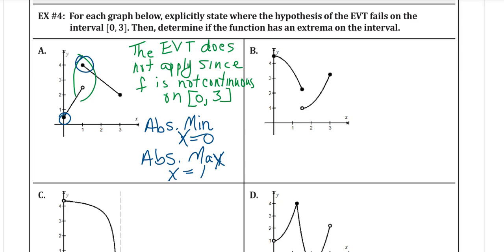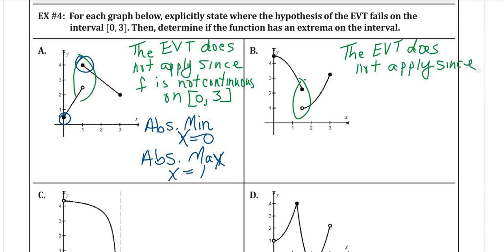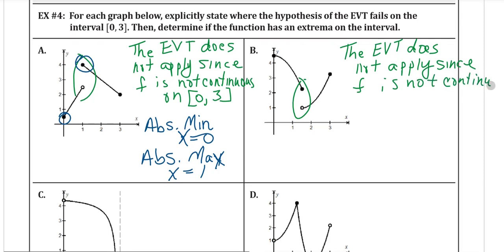Similar idea here. We have another jump discontinuity, so the EVT does not apply. There's our closed interval, 0 to 3.